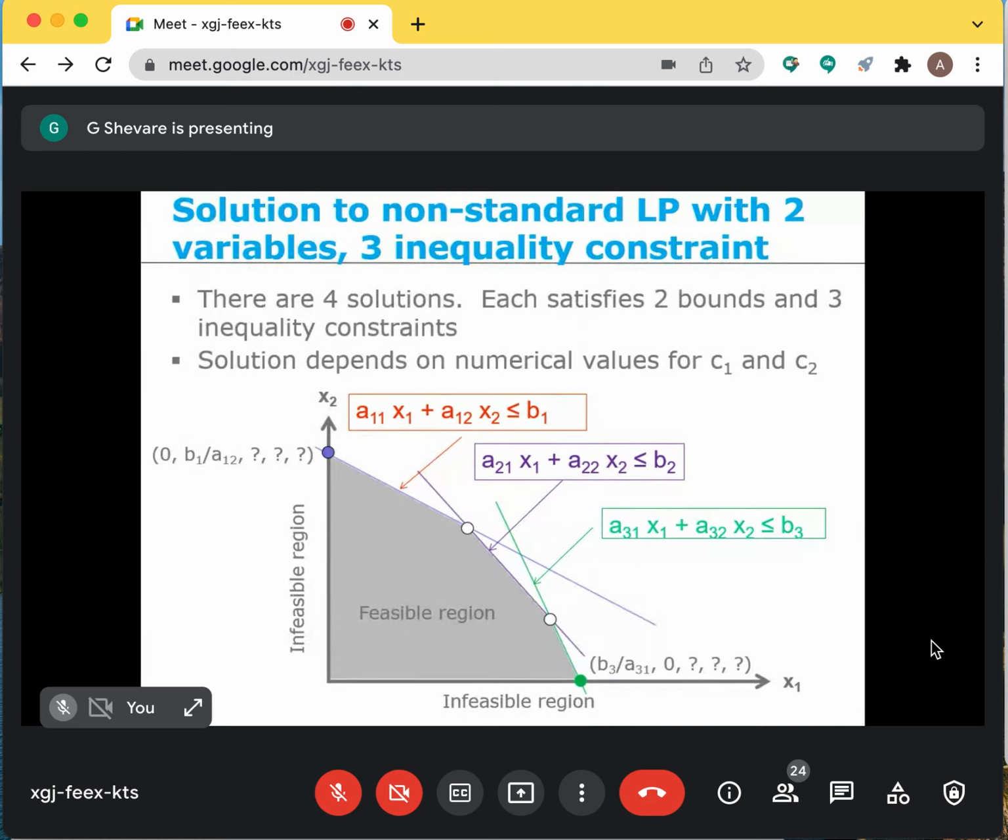The feasible region is the convex region in the first quadrant, and the solution lies in that first quadrant, which is a feasible solution. But the optimal solution will lie at the vertices, which are shown by 1, 2, 3, 4. Here the origin, the degenerate, trivial solution, is not shown.